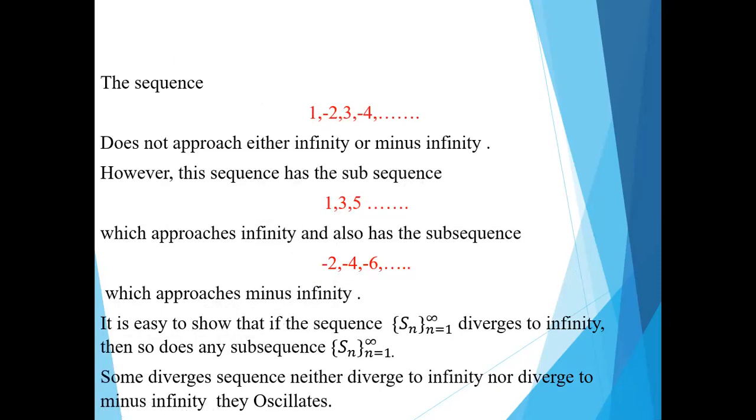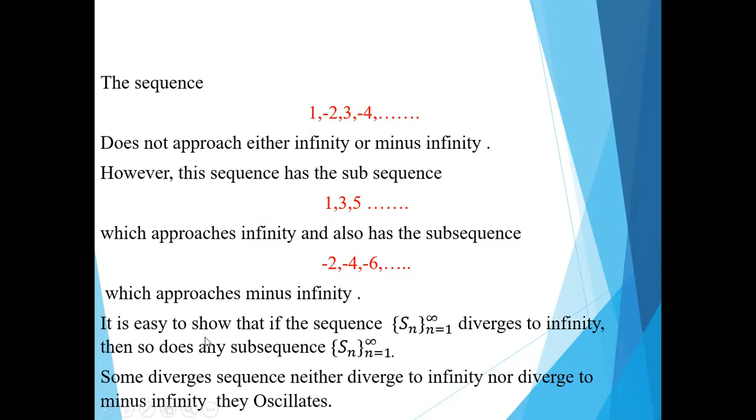The sequence 1, minus 2, 3, minus 4 does not approach either infinity or minus infinity. However, this sequence has the subsequence 1, 3, 5, which approaches infinity, and also has the subsequence minus 2, minus 4, minus 6, which approaches minus infinity.